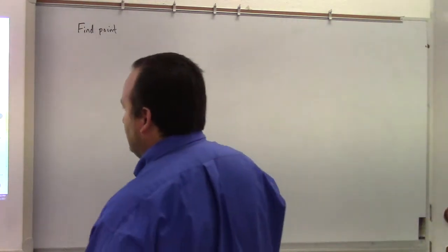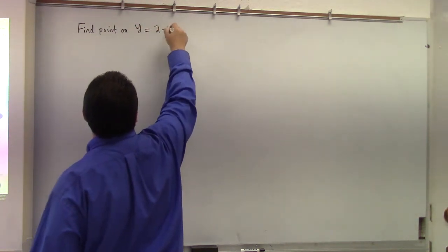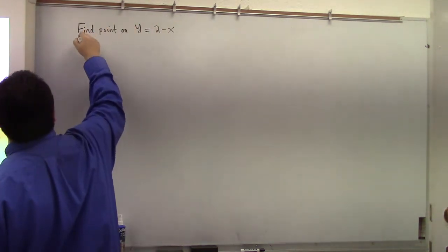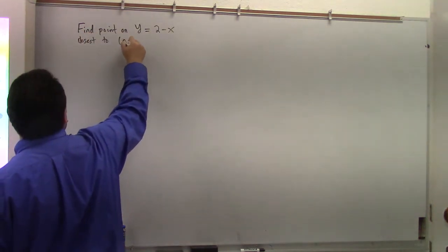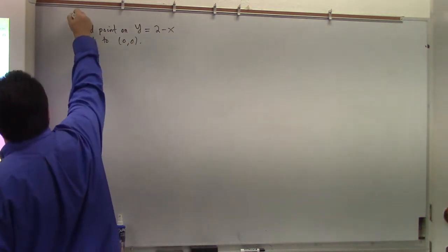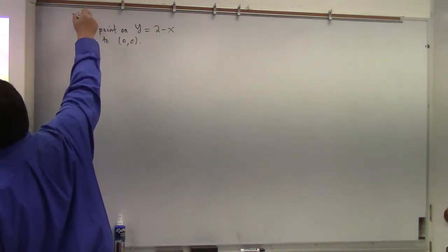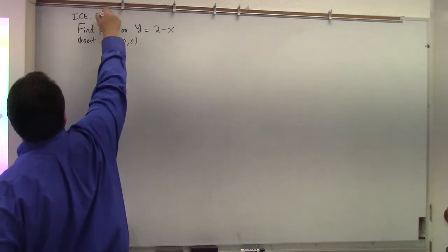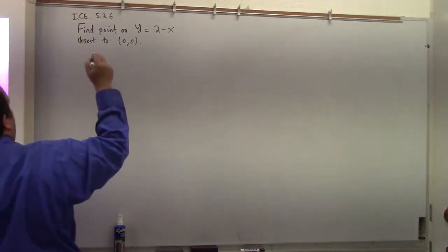Find the point on y equals 2 minus x closest to the origin. So this is in-class example 5.3.6 on page 162.